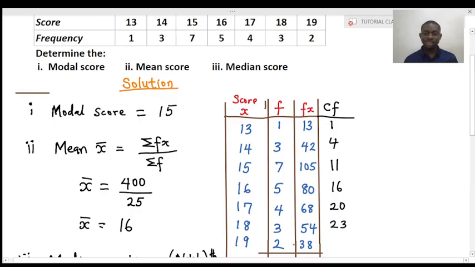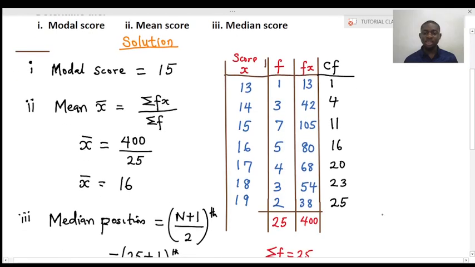And 23 plus 2 gives you 25. To be sure that your cumulative frequency is correct, the last number must be equal to your summation f, which is the total frequency.